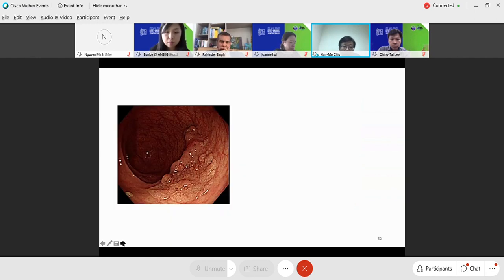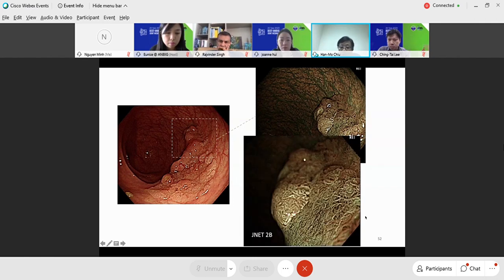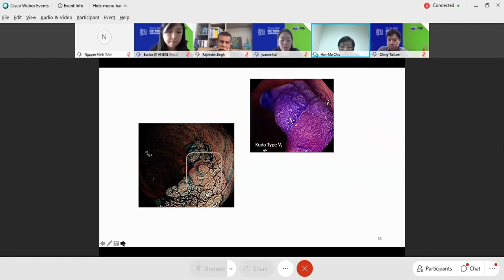So here is another example. So this is a large lesion located at rectum, and under NBI we can see an area with different color. And after magnification, we can see the JNET type 2B capillary pattern. And if we further apply chromoendoscopy, then in this area we can see a well demarcated type 5I Kudo pit pattern.